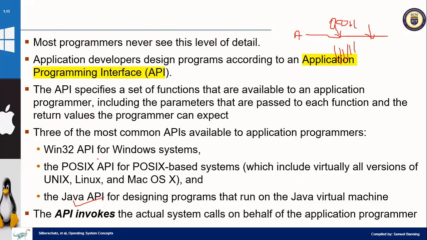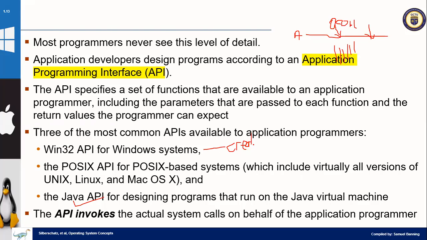If you are programming in Windows and you want to create a file, the Win32 API gives you a function for that, for example, the command create.